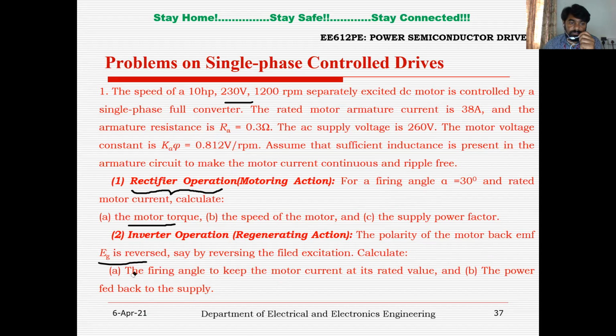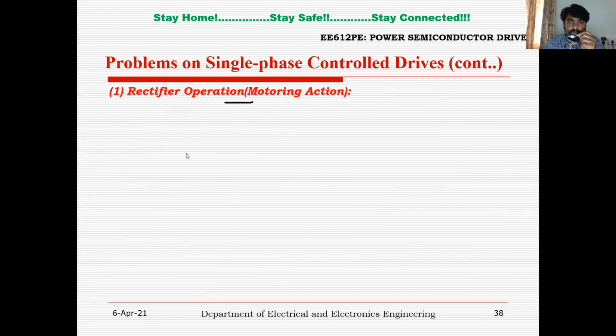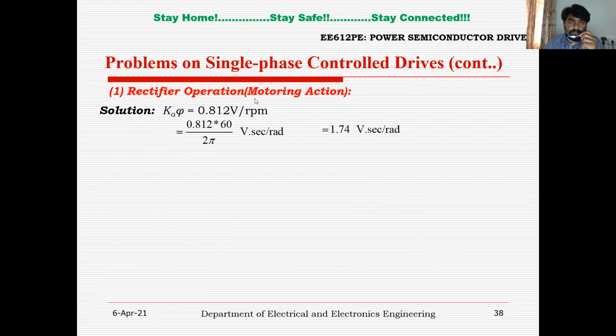Now first we'll solve when the converter is operating as a rectifier, that is in motoring action, right? So this is the KFI value he has given, which is 0.812 volts per RPM. To convert this volt per RPM into volt second per radian, we need to multiply by the factor 60 by 2 pi.